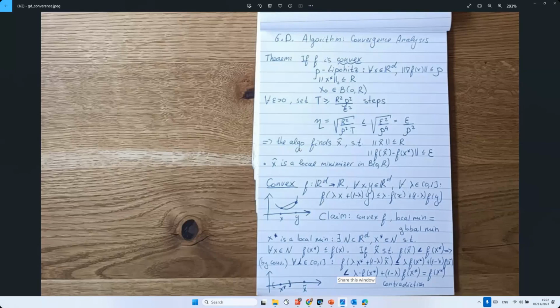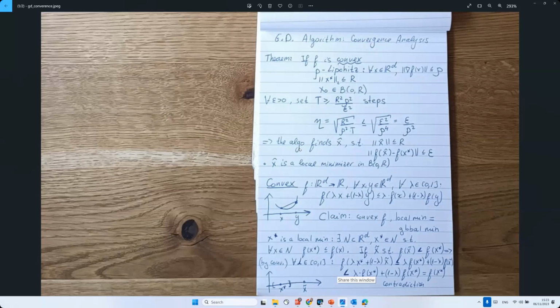So if we are looking at some point lying between x and y, which is given by this formula, lambda times x plus 1 minus lambda times y, this is just the description of some point lying on the line between x and y.